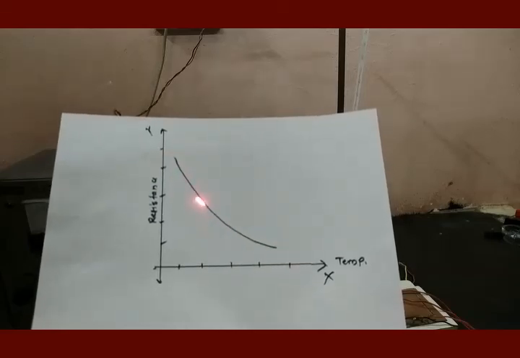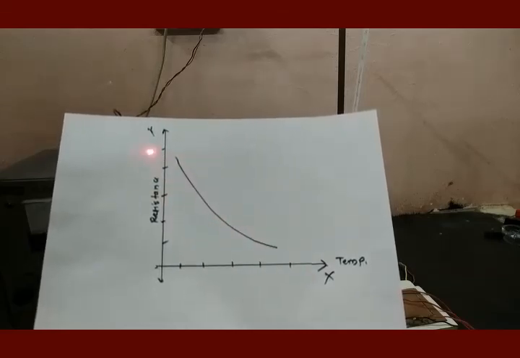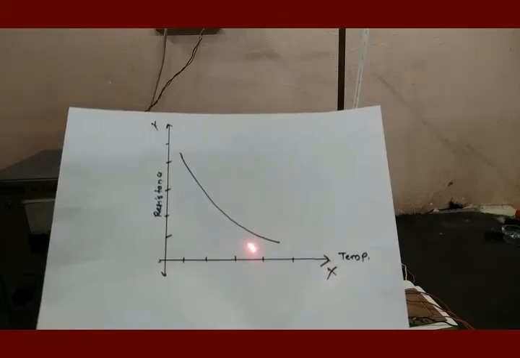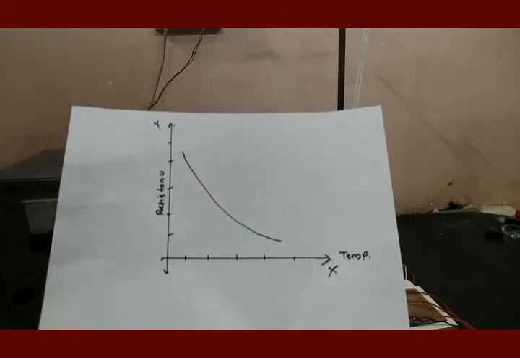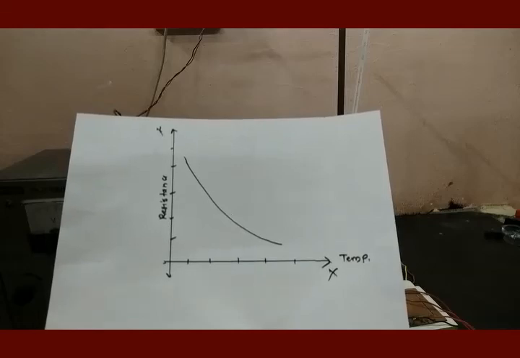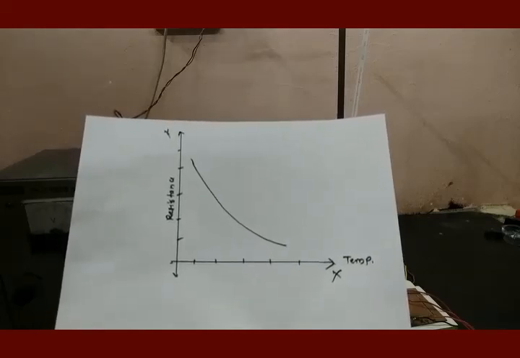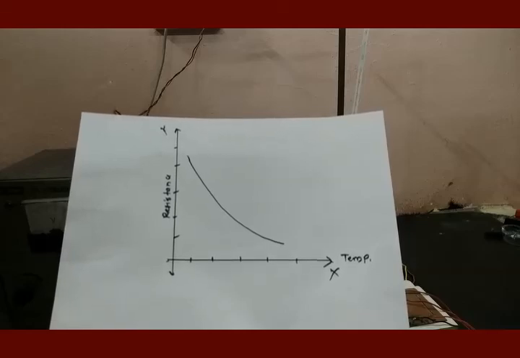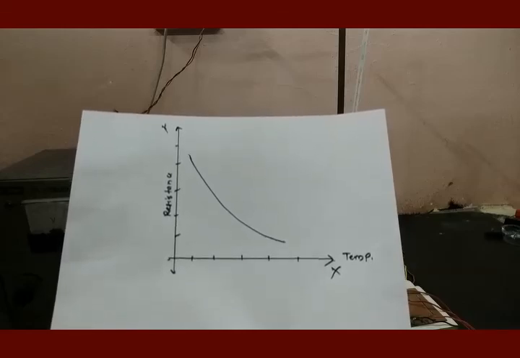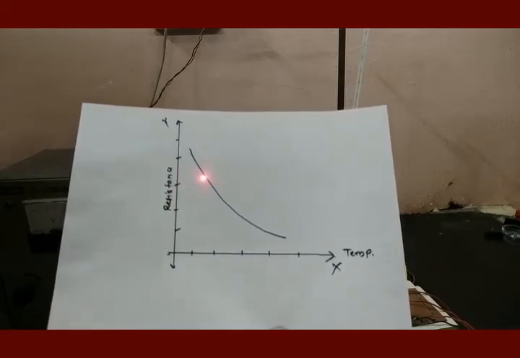This graph gives the variation of resistance with the temperature. You will obtain the same nature of the graph for the first part as well as for the second part. After that, take the slope of this graph.